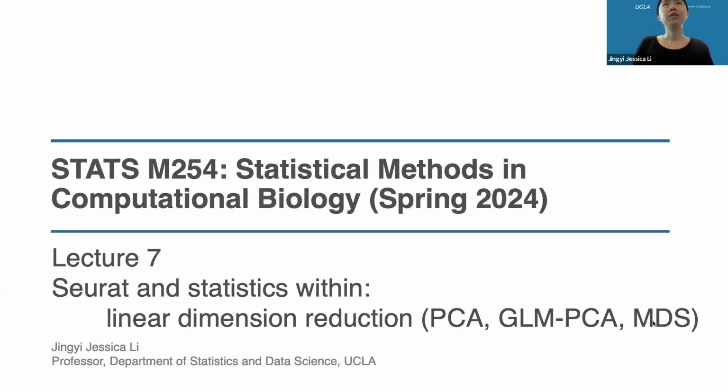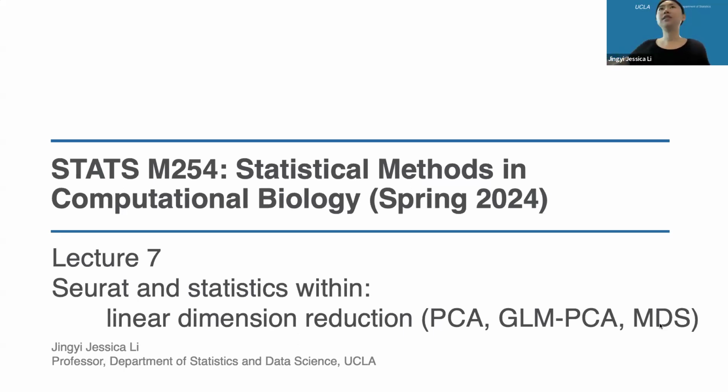input is different. So for MDS, which I will introduce at the end of this lecture, or maybe the beginning of next lecture, you no longer provide an observation by feature matrix. Instead, you just provide a similarity or dissimilarity matrix of your n observations. So it's like a pairwise symmetric matrix. That's your only input.